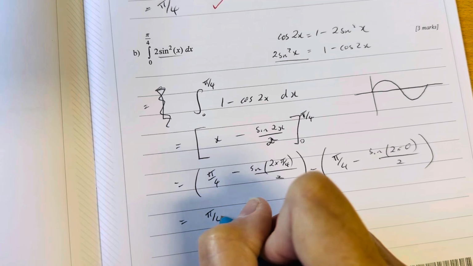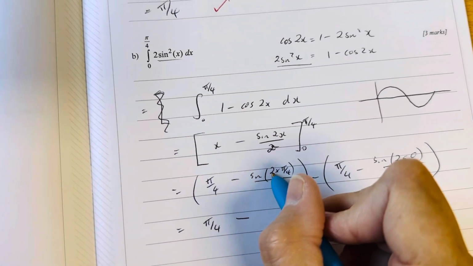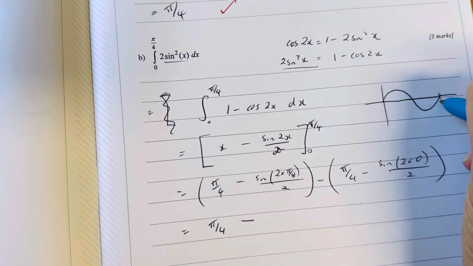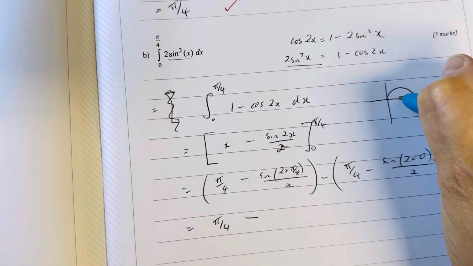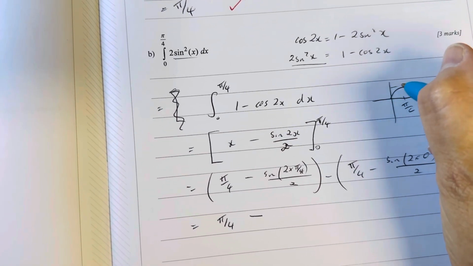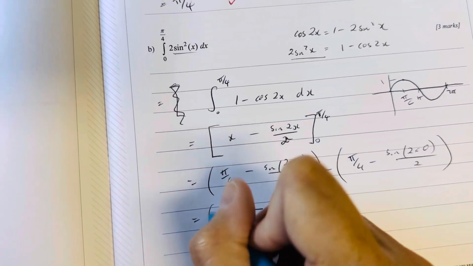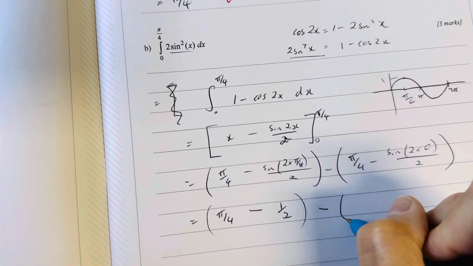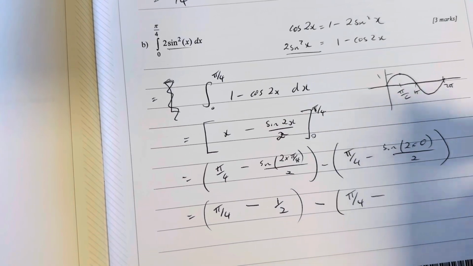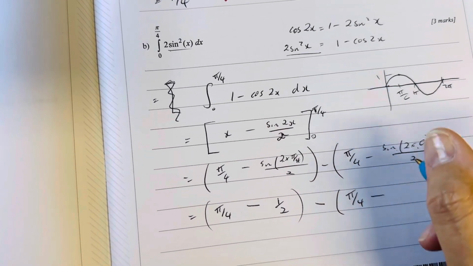Because this is going to be pi on 4, take the sine of pi on 2. Here's pi on 2, it's going to equal 1. So a half, that's my first. Take away pi on 4, take sine of 0 is 0.